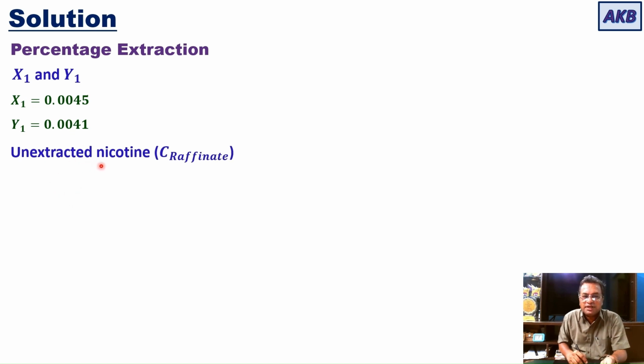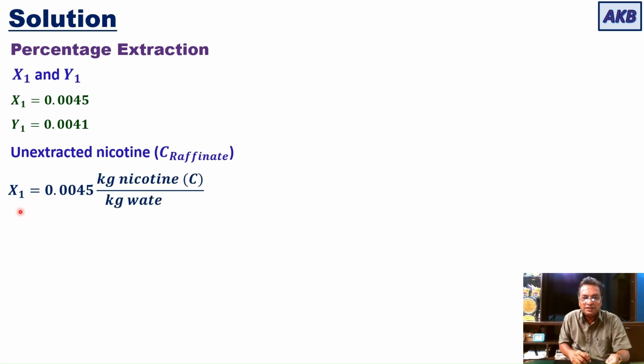Now unextracted nicotine will remain in the raffinate phase. So can I get the quantity of nicotine in the raffinate phase? Yes, I can. And how? Let us understand. Let me denote the quantity of nicotine in the raffinate as C raffinate.